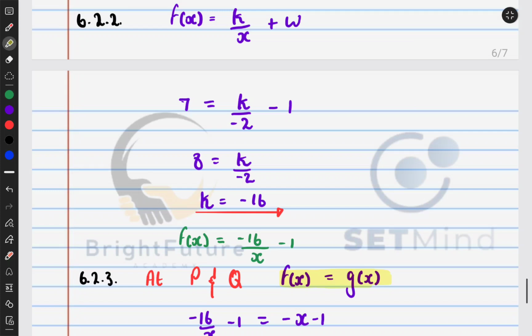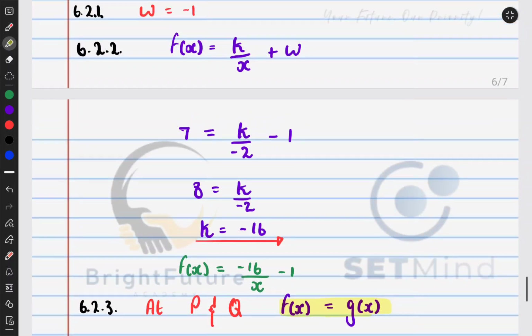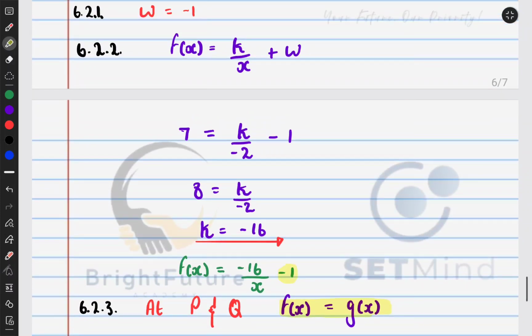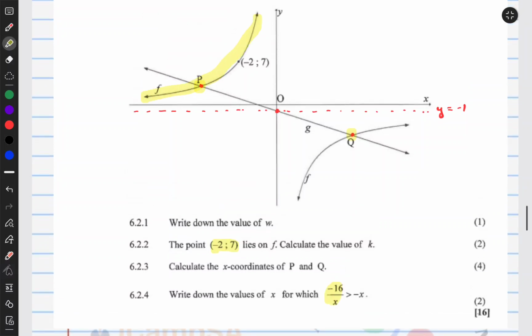Remember that negative 16 over x is essentially the hyperbolic function, but with the asymptote at 0 instead of negative 1. Negative 16 over x is this same function, but now it has been shifted because nothing was added.